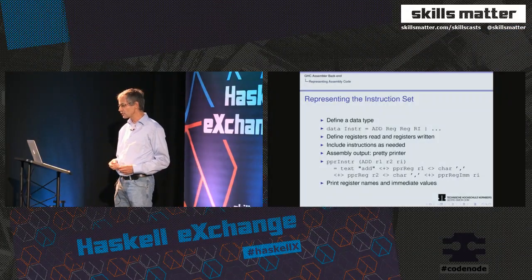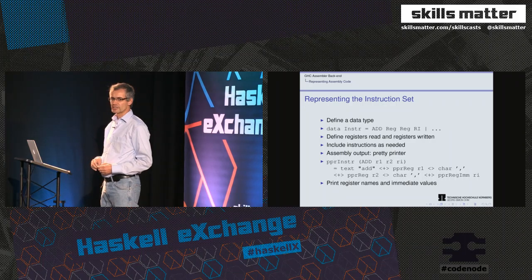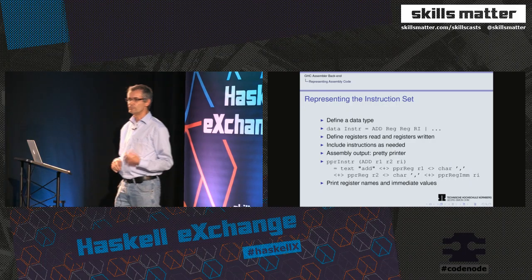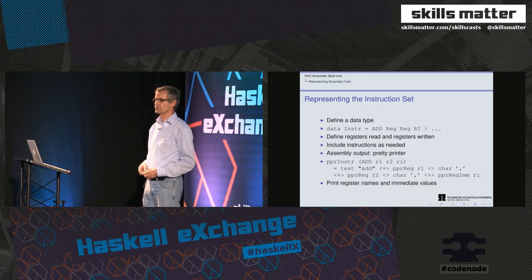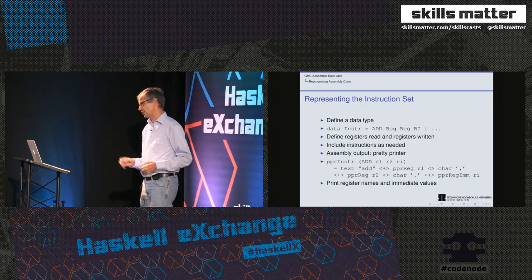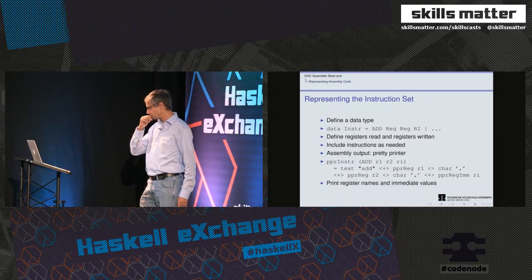It looks a bit weird that I have an RI as the last element, and that is actually either a register or an immediate value. You could have created 2 constructors for that too, and I don't know what is actually better. This was already there, so I just stuck with it.